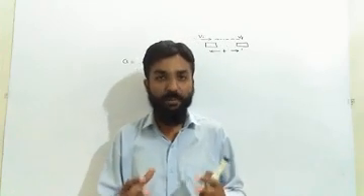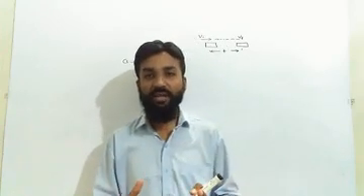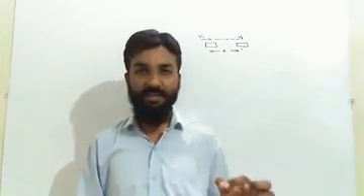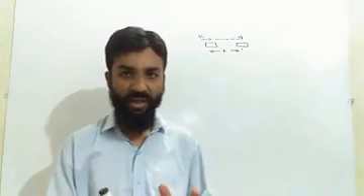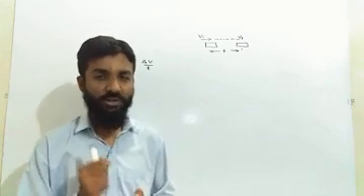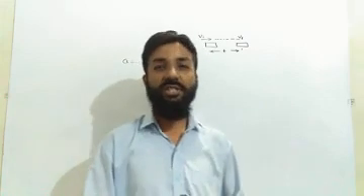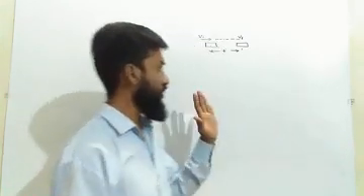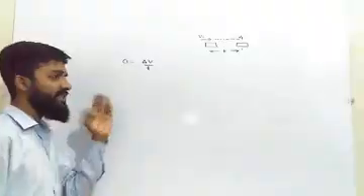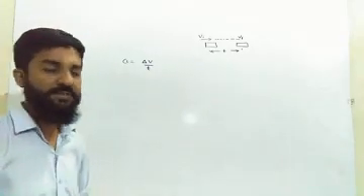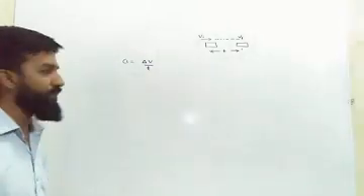Suppose a body starts with the initial velocity Vi, and after passing some time, its velocity becomes Vf. Due to the change in velocity, acceleration will be created, equal to delta V upon t, the change in velocity divided by time.